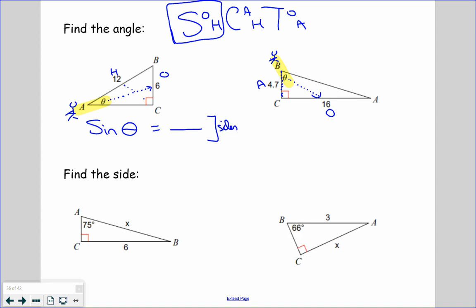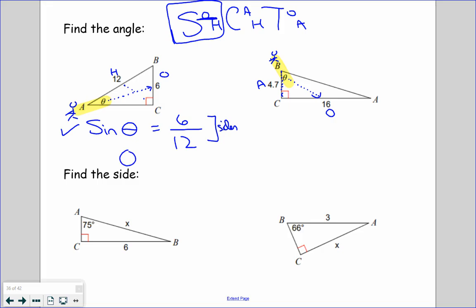So it's opposite on top, hypotenuse on the bottom. I need to see that on your page. I need to see that exact thing. Sine theta equals 6 over 12.